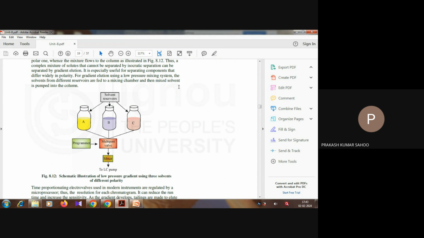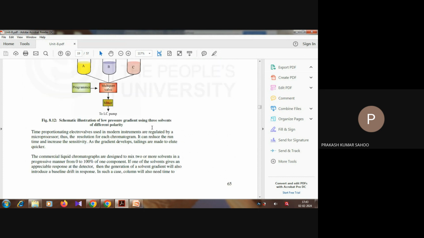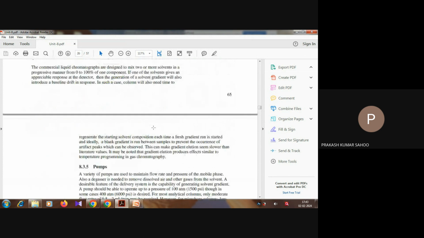So when isocratic separation, that is single solvent separation, is not applicable, then the mode will be changed and gradient elution will be used. There are three types of solvent reservoirs here, depending upon the components, with multiple valves. As per our requirement, these multiple solvent reservoirs are accordingly used. So this is known as gradient elution.